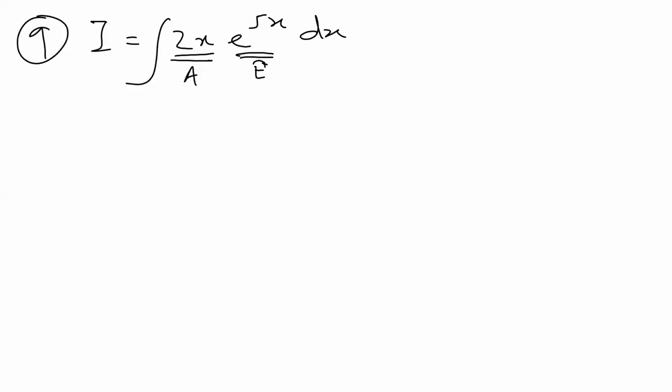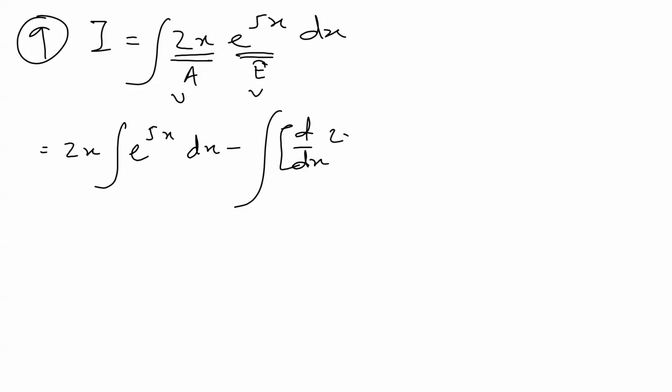So this is u and this is v. No need to interchange this. U integration v dx, minus bigger integration d by dx of 2x, integration of e raised to 5x dx, bracket close, dx.